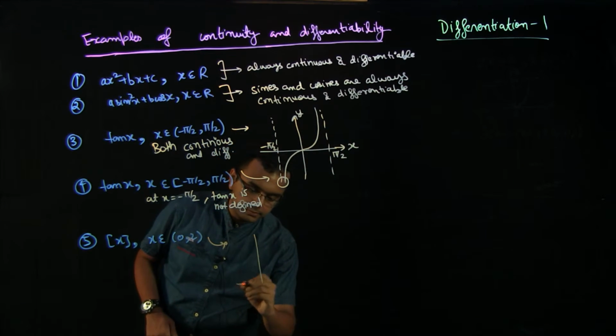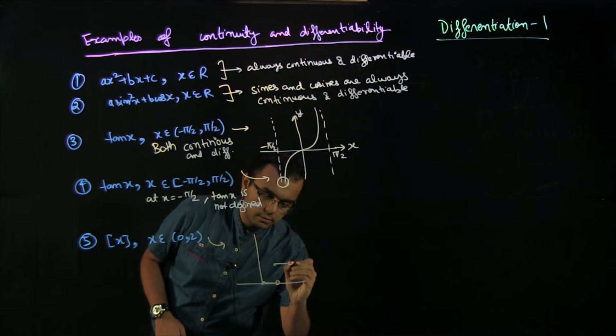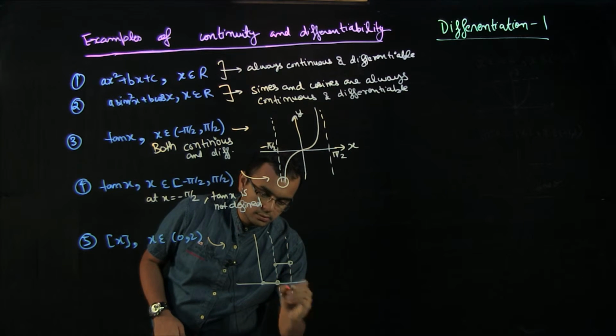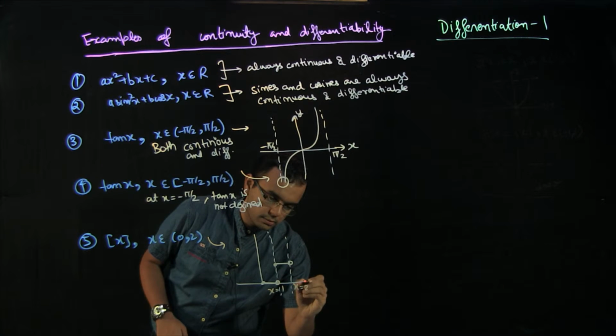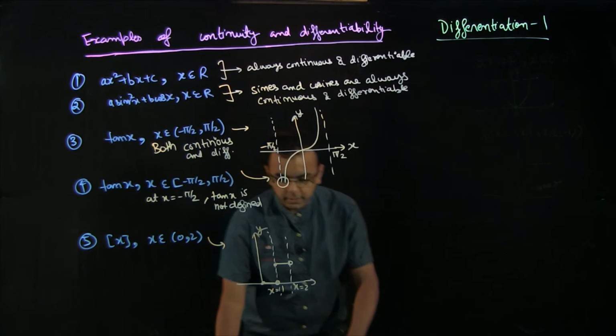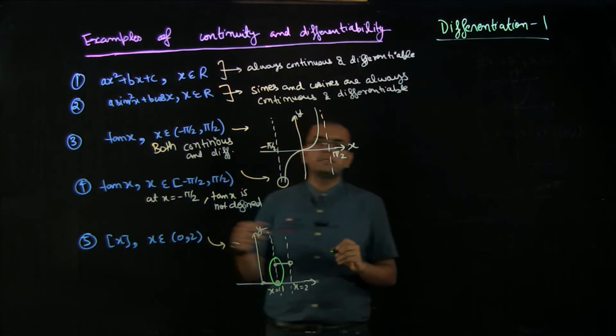So we can quickly draw the graph. So we can very clearly see that here there is a break in the graph, and the rest of the graphs are just straight lines.